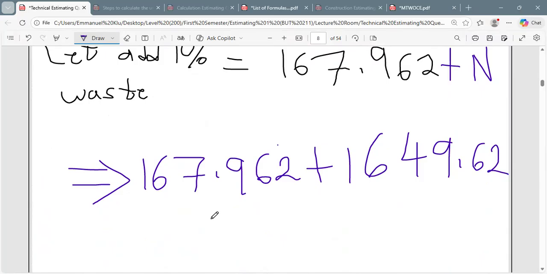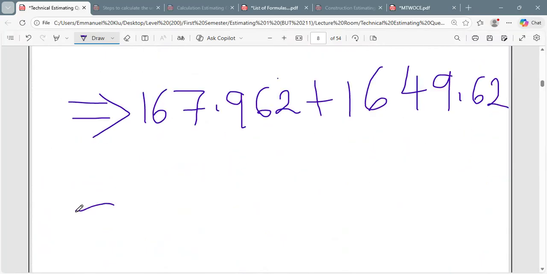So at the end of the day, let's add this together: 167.962 plus 1649.62. What are we going to get?